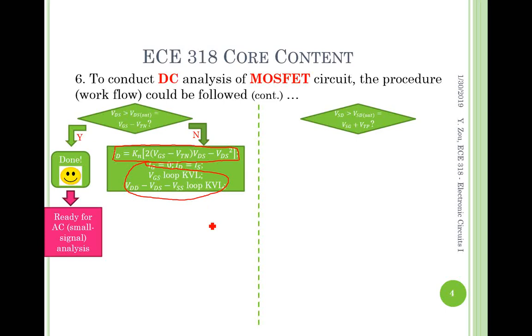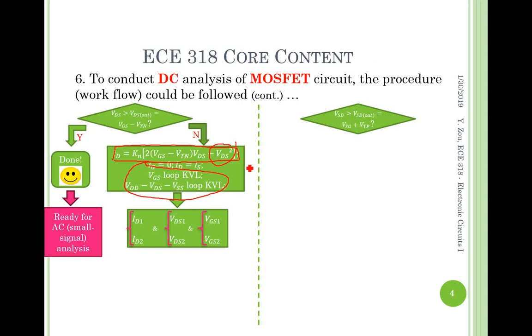So you need to do the algebra and calculations accordingly, and find the ID, VDS, and VGS values. The reason we have two results for each variable is that we have a quadratic equation up here.